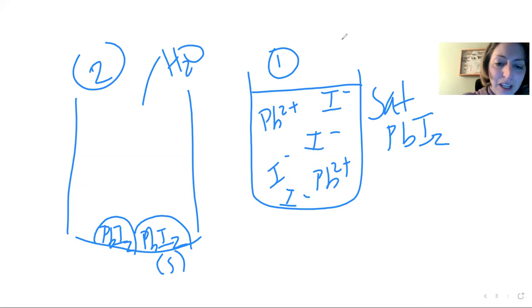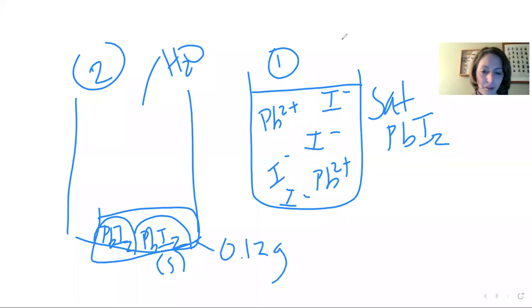Everything else is empty. So that's what that would look like. And when you mass this, it weighed 0.12 grams. You guys see? I think that's a clear picture. Someone's question got me thinking that's a better way of showing that.